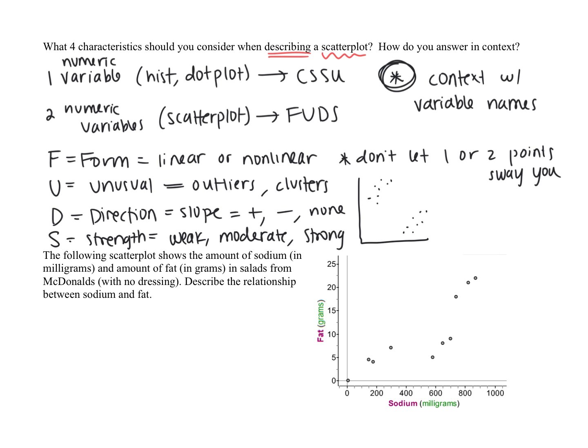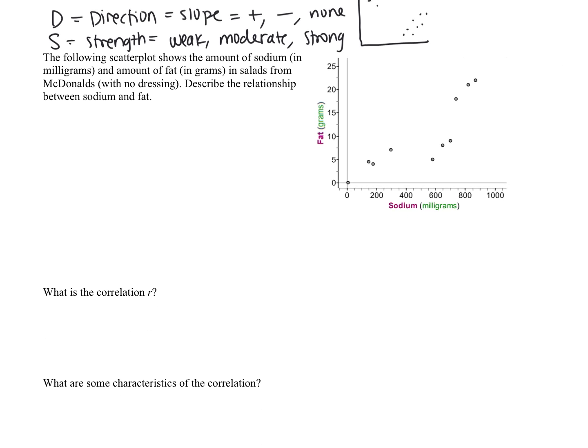Okay, so here is the example that we have. The following scatter plot shows the amount of sodium in milligrams and the amount of fat in grams in salads from McDonald's with no dressing. Describe the relationship between sodium and fat. You know, anytime you're describing anything at all, you're going to have context. So I would start with context. Again, we are describing a relationship, not the scatter plot.